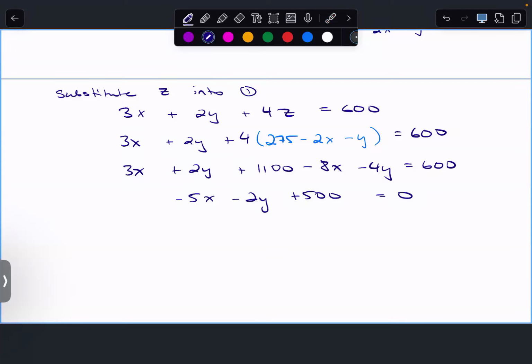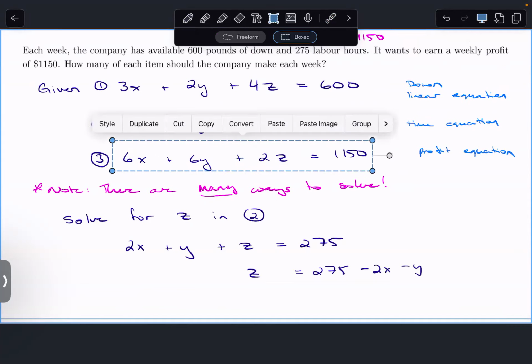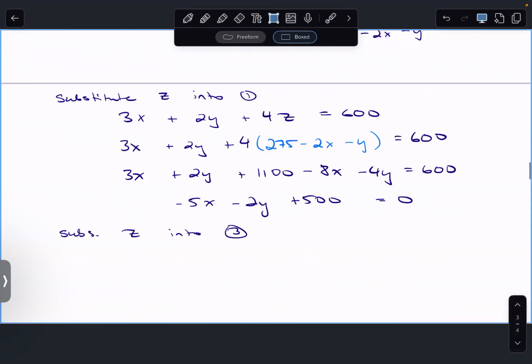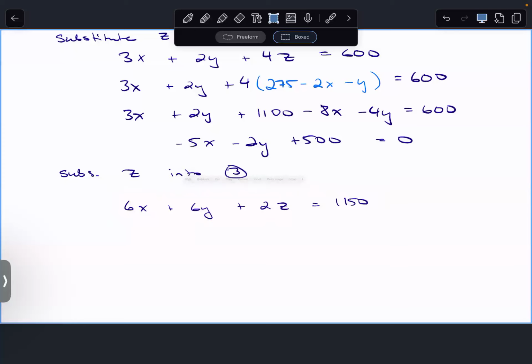Now I'm going to do the same thing, but I'm going to substitute z into equation 3. Now what was 3? Let's see if it'll let me copy that. My iPad's misbehaving, but not as bad as it was earlier.